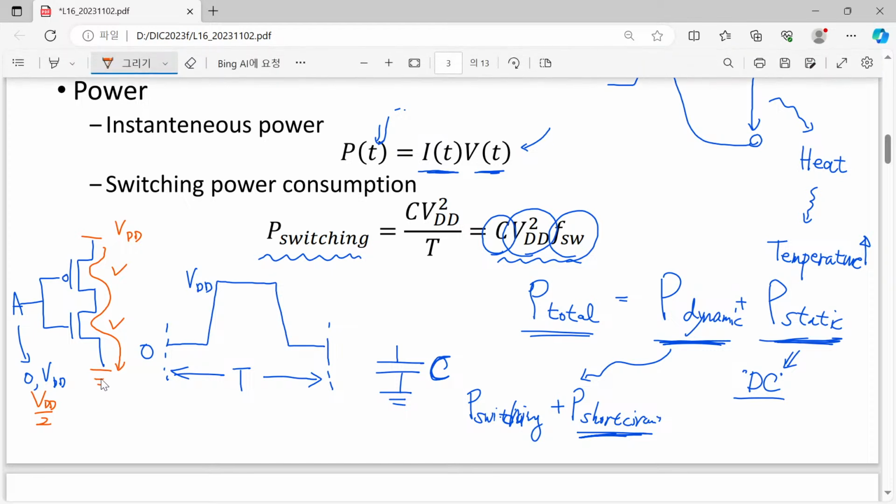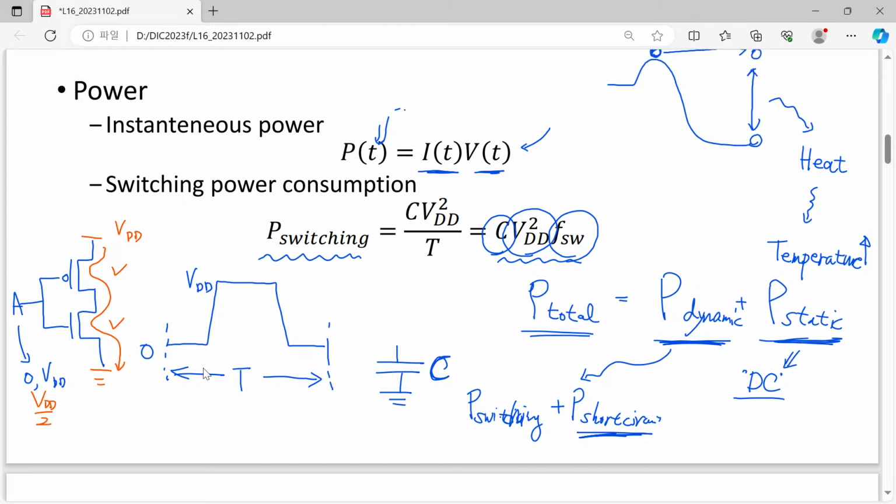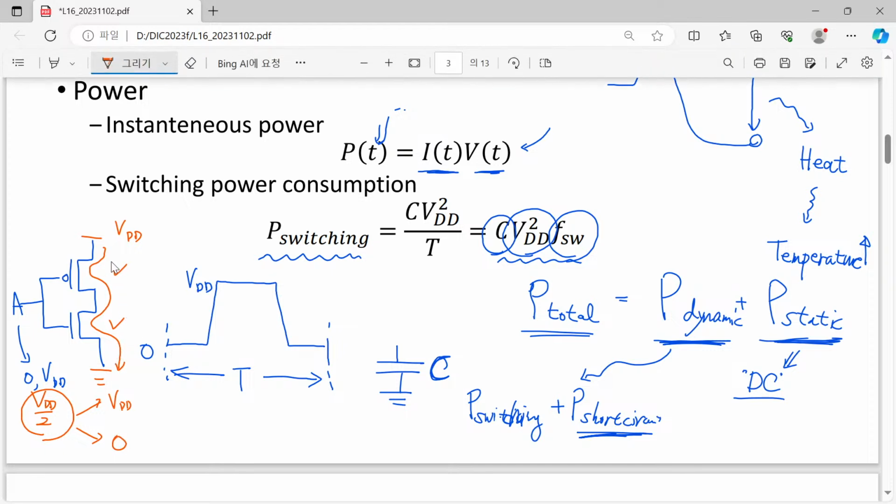So in this case, we will have a although that is quite a short time, because you know, once the input voltage touches half VDD, it will either go to VDD rapidly or go down to the ground rapidly. So that is quite a short time. However, during that short time, there will be current conduction that is represented as short circuit power consumption.